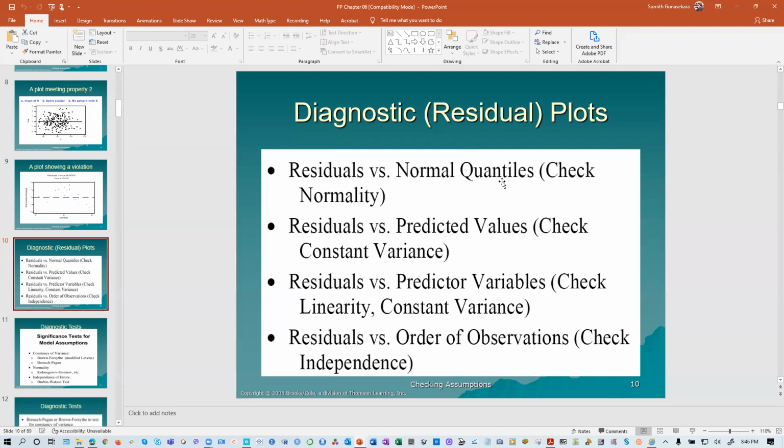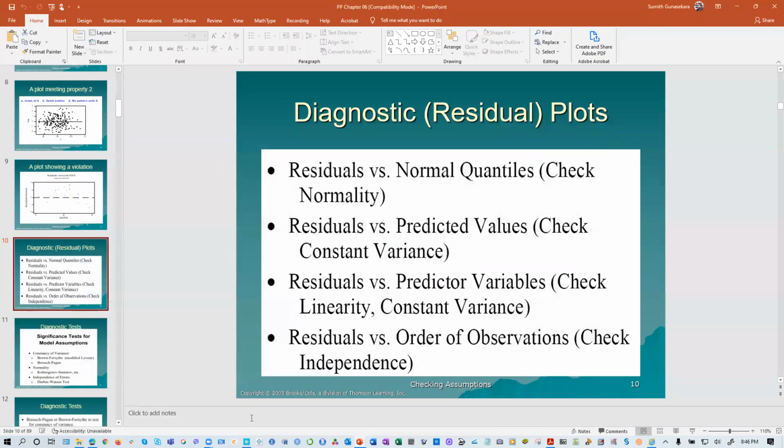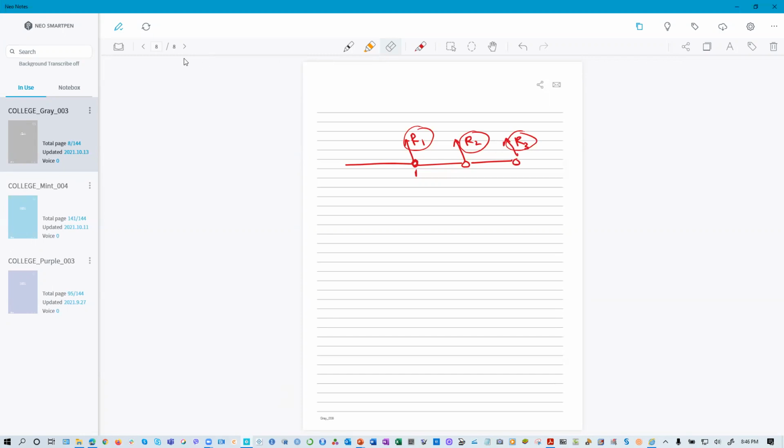When you have two data sets, you check one against the other. Mainly, we test the residuals against the normal quantiles. Standardized normal quantiles are, for our purposes, values from -3 to +3.